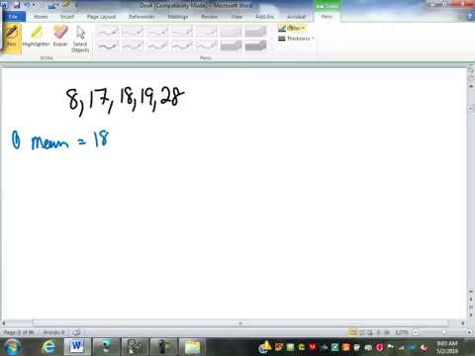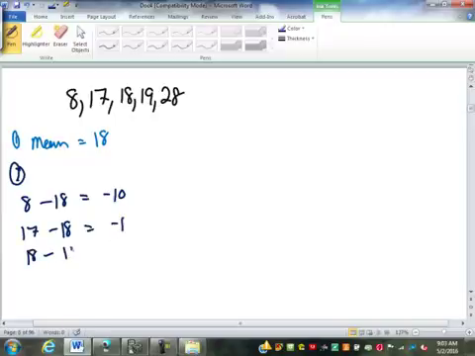Still 18. Very good. Step 2, we're going to subtract from the mean. 8 minus 18 is negative 10. 17 minus 18 is negative 1. 18 minus 18 is 0. 19 minus 18 is 1. And 28 minus 18 is 10.